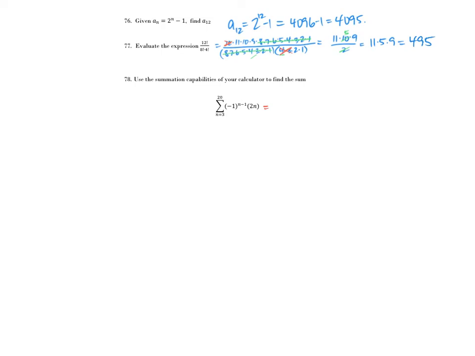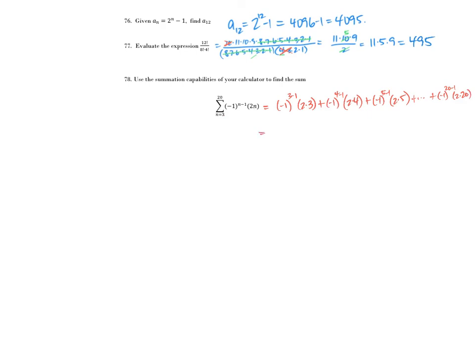If we start by plugging in n equals 3, I'll get negative 1 to the 3 minus 1, times 2 times 3, plus the next one, negative 1 to the 4 minus 1, times 2 times 4, plus negative 1 to the 5 minus 1, times 2 times 5, and so on. And then I'll stop when I get to n equal 20: negative 1 to the 20 minus 1, times 2 times 20.